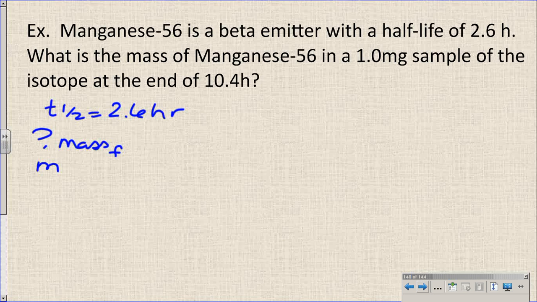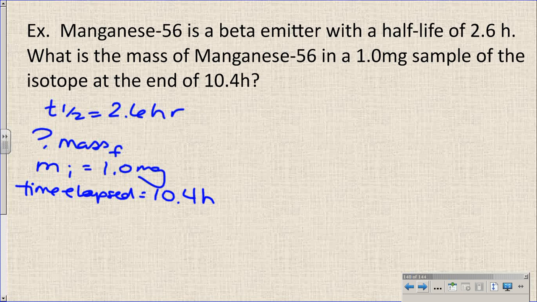We're assuming the mass given to us is the first mass that we encounter. So the time elapsed is 10.4 hours. That's all of our given information.